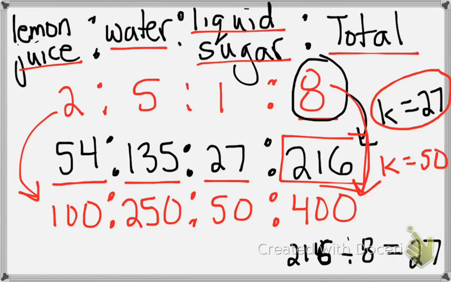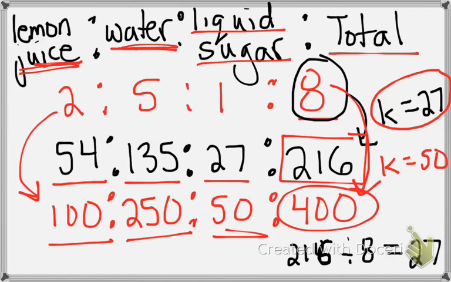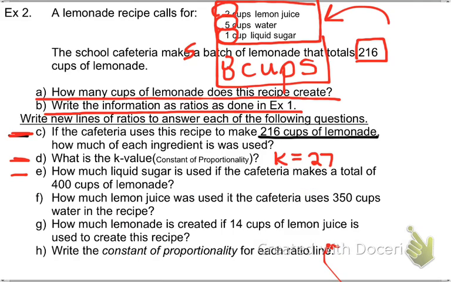So to make 400 cups of lemonade, you need 100 cups of lemon juice, 250 cups of water, 50 cups of liquid sugar, and that'll give you a total of 400 cups of lemonade. Now, on a quiz or homework or in a test, you have to write these final answers down. I just don't have a lot of room here.